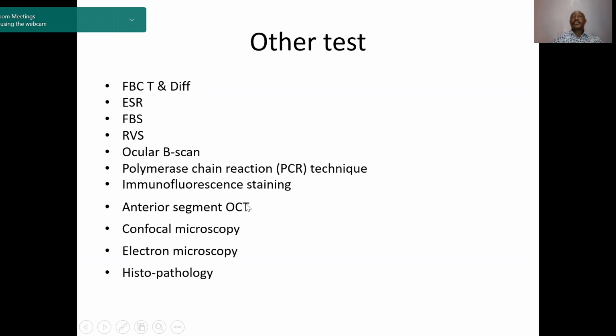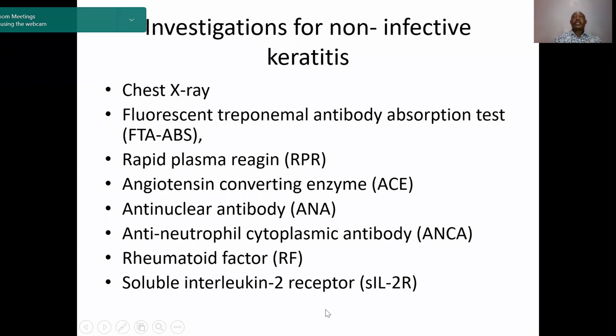This has also been shown in recent time as a very useful tool in diagnosis of infective corneal ulcers, particularly of acanthamoeba, and also some forms of fungal keratitis. Confocal microscopy has also been developed in recent time, and it is used very effectively for diagnosis of infective keratitis.